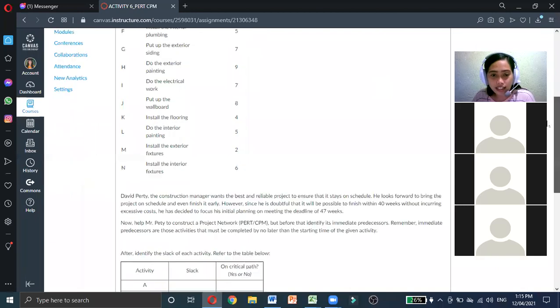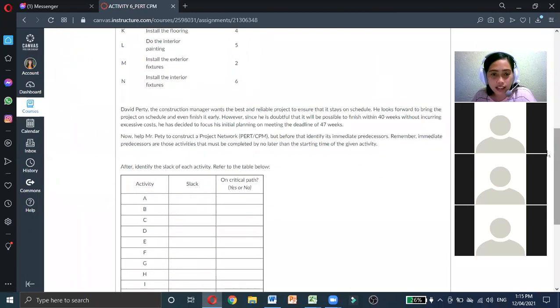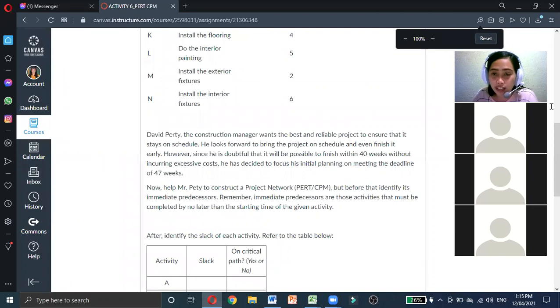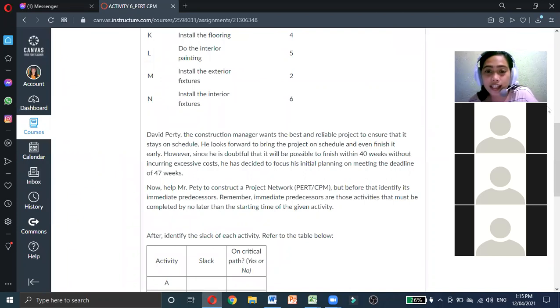Okay, so let's read the question. David Purty, the construction manager, wants the best and most reliable project plan to ensure that it stays on schedule. He looks forward to bringing the project in on schedule and even finishing it early. However, since he is doubtful that it will be possible to finish within 40 weeks without incurring excessive costs, he has decided to focus on his initial planning by meeting the deadline of 47 weeks.